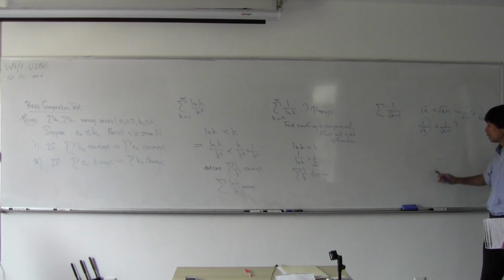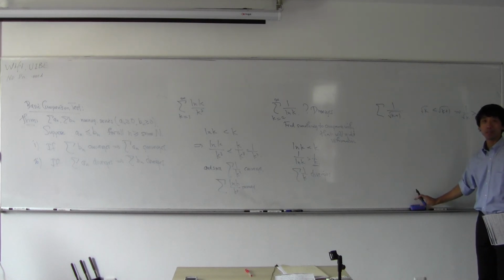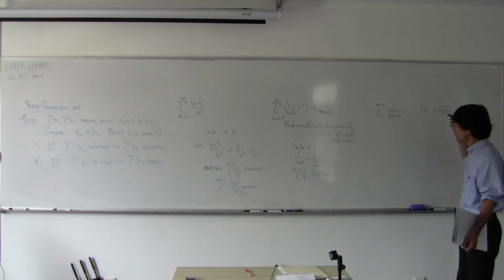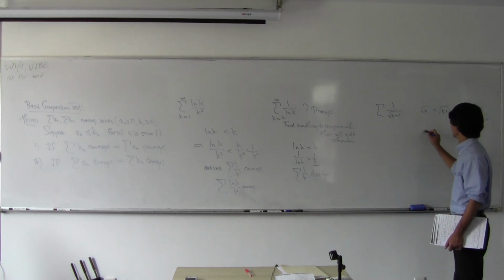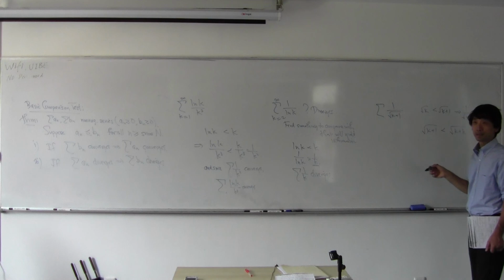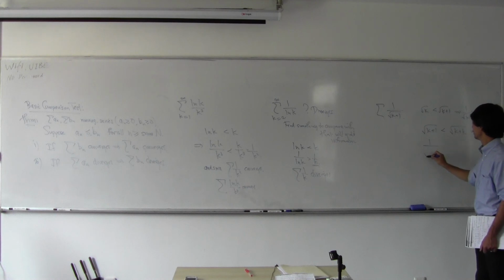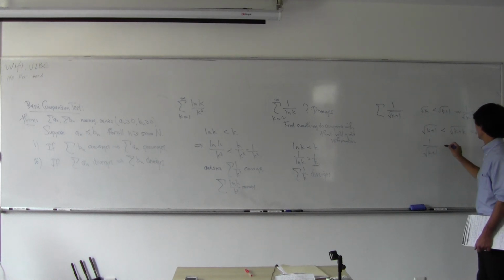But you can do something very similar. Did anyone figure out some way to do it? Do a comparison. Here's one thing you could do. You could say, well, look, root k plus 1 is smaller than root k plus root k, say, so that's 2 root k. And so 1 over root k plus 1 is bigger than 1 over 2 root k.